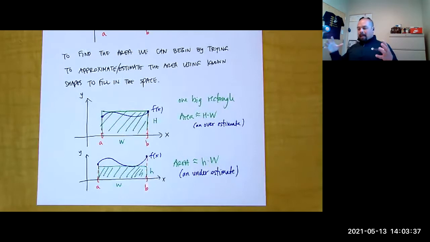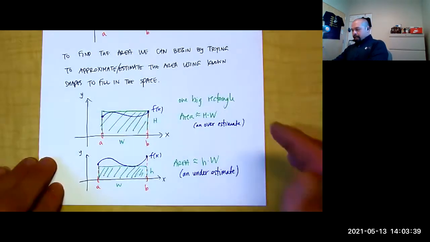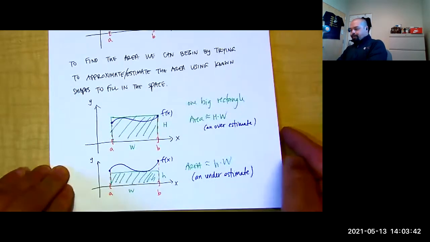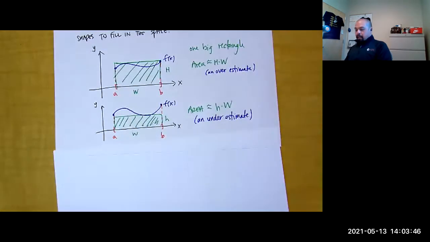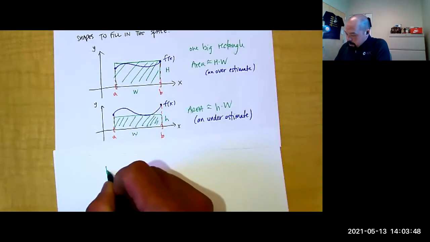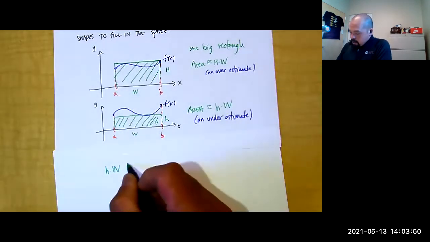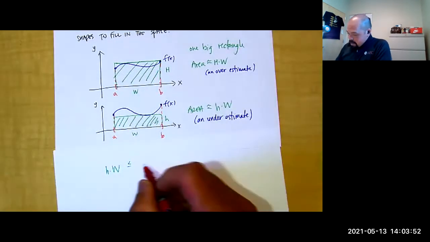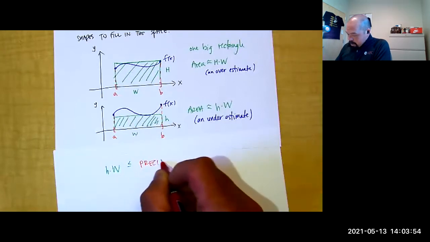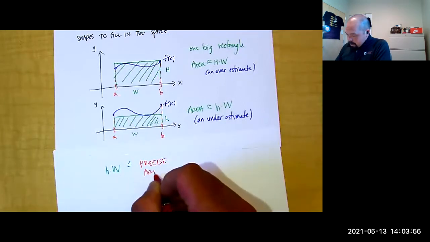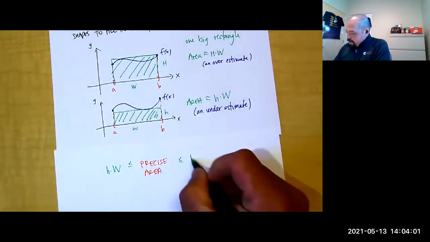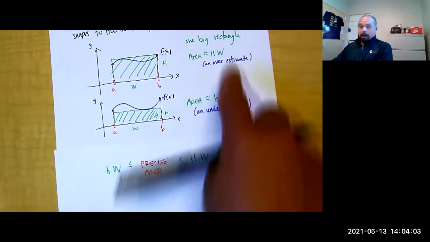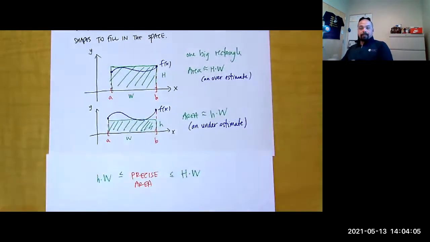So we're going to think, how can we edge our way closer and closer to the precise area? Our precise, actual area is somewhere in between those quantities, from those two diagrams.